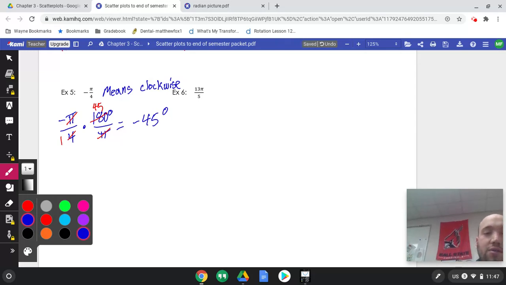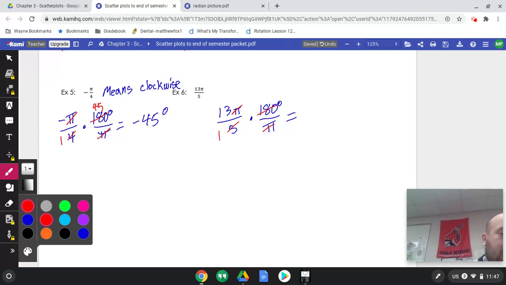All right, we're just about done. The final one here, 13 pi over 5 times 180 degrees divided by pi. What will that equal? So once again, cancel your pi's out. Now 5 goes into 5 one time. 5 will go into 180, let's think about this, 36 times, okay?